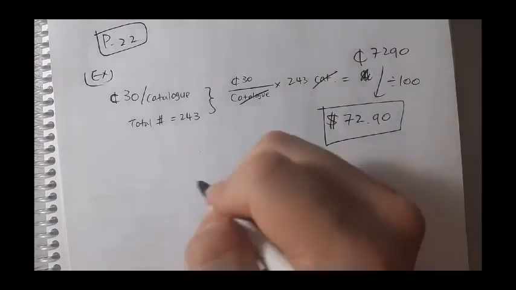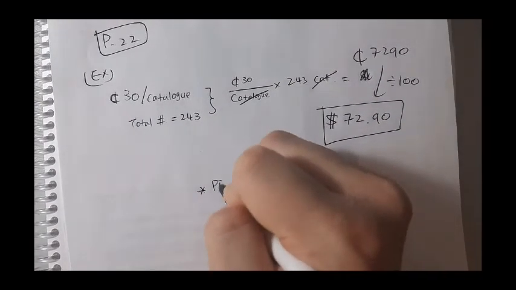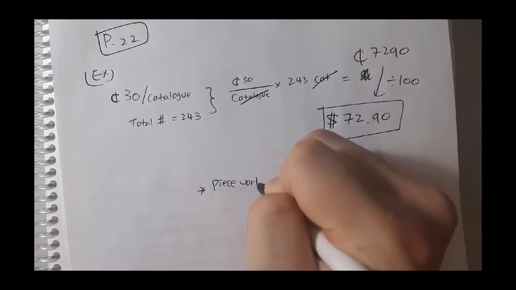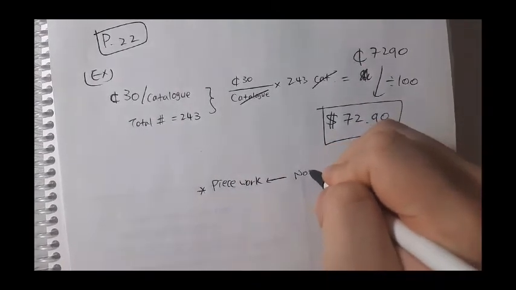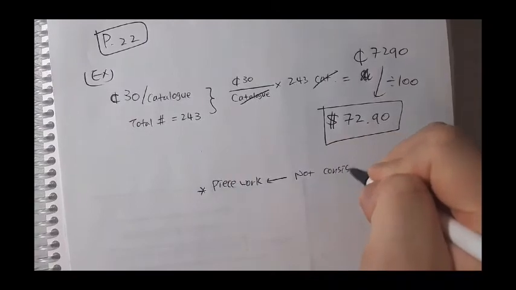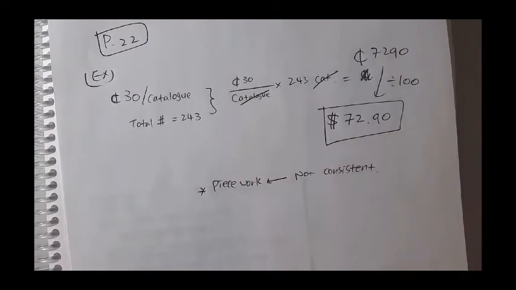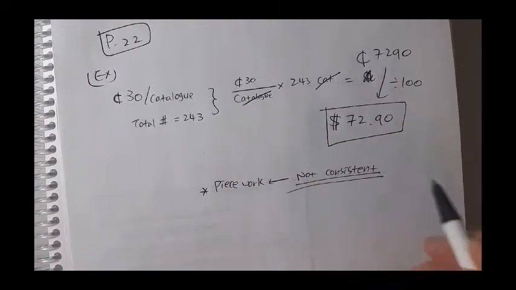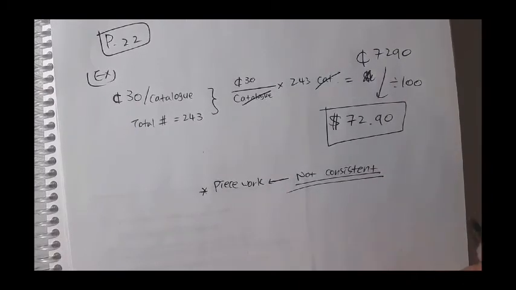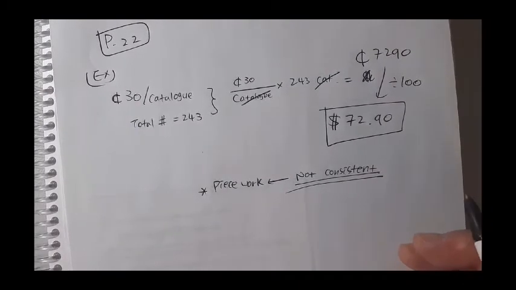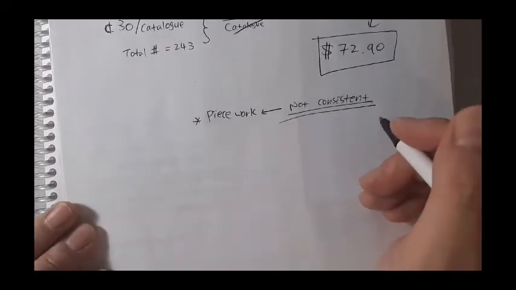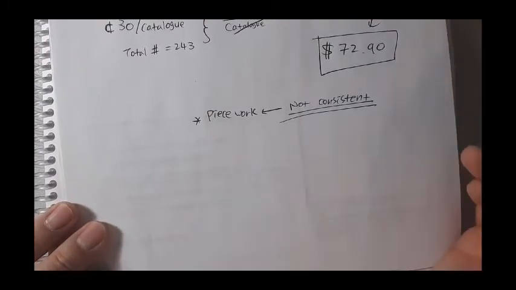An interesting thing about piecework is that piecework is not consistent, or you can say inconsistent. It depends on how many pieces you sell, install, make, or something like that. It works as if it's a contract. It's per whatever.